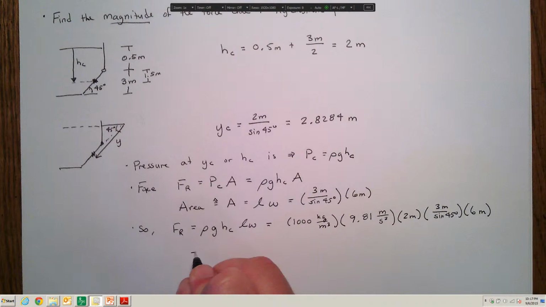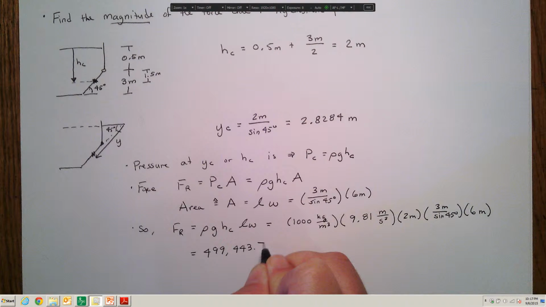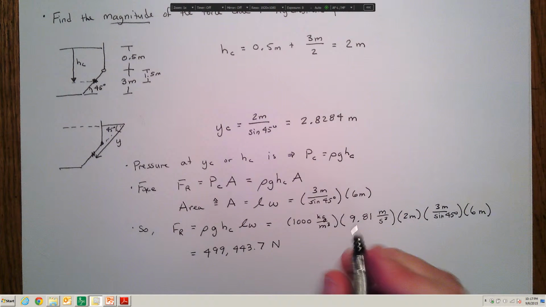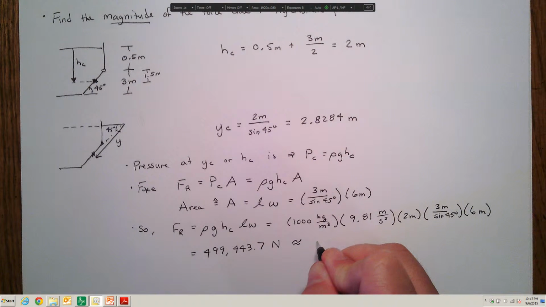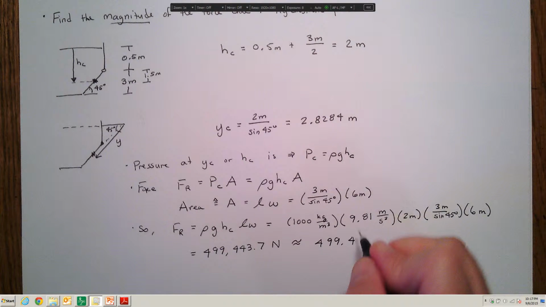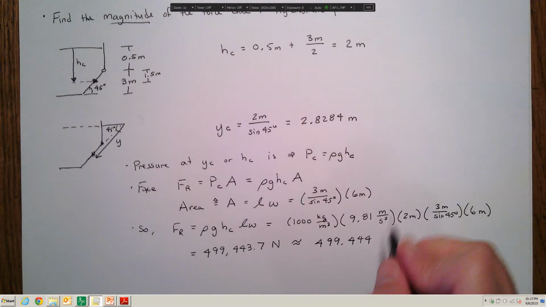Multiplying all of that out gives us 499,443.7 or so newtons, which we can convert into 499.444 kilonewtons. Of course, it's probably not necessary to carry all of these decimal places, but for the sake of accuracy, when we do our further calculations, we will keep those decimal places.